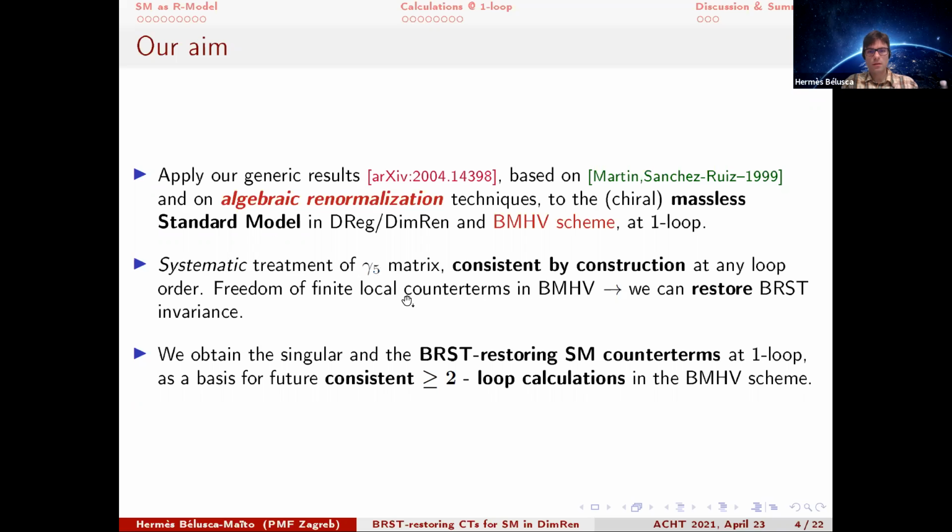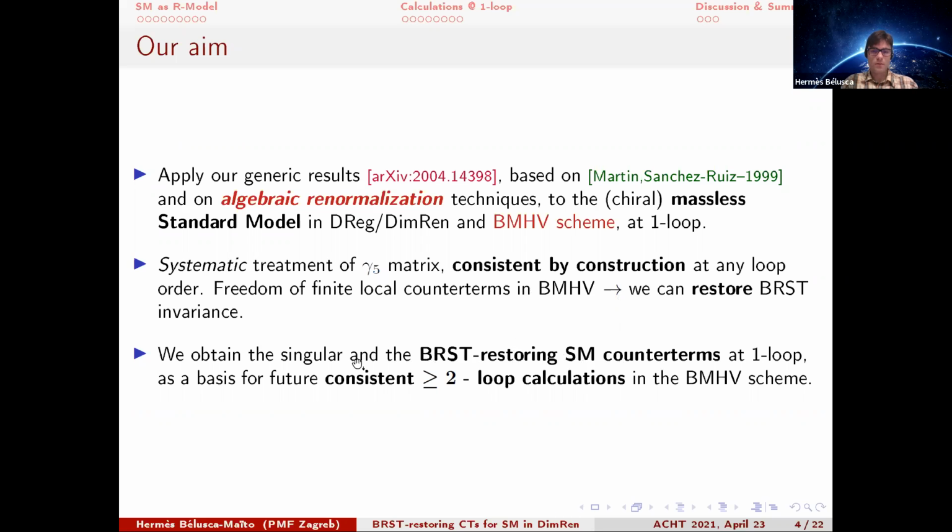But the BMSG scheme still has a freedom of finite counterterms. And when the BRST invariance is broken in the calculation, this allows us to restore the BRS symmetry using finite counterterms. So I will obtain here the BRST restoring counterterms for the standard model at one loop.